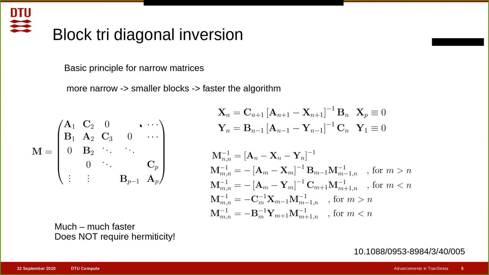And then all in the upper right corner is zeros, and all in the lower left corner are zeros. And then you just follow this procedure with some temporary matrices X and Y. And when you've calculated these, you can actually calculate the entire inverted matrix. This turns out to be way more efficient because in TranSIESTA you don't really need to calculate anything other than the G where you have A, B, and C matrices.